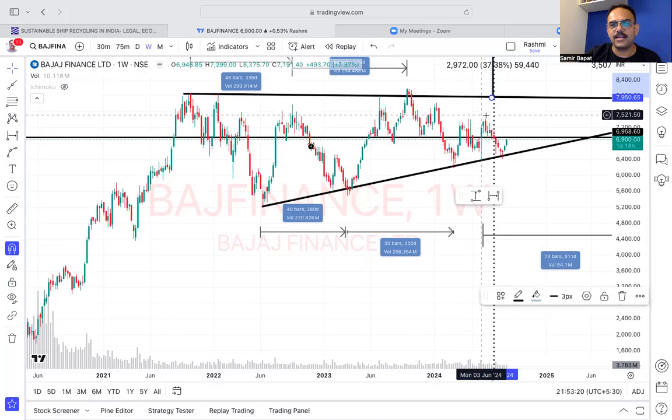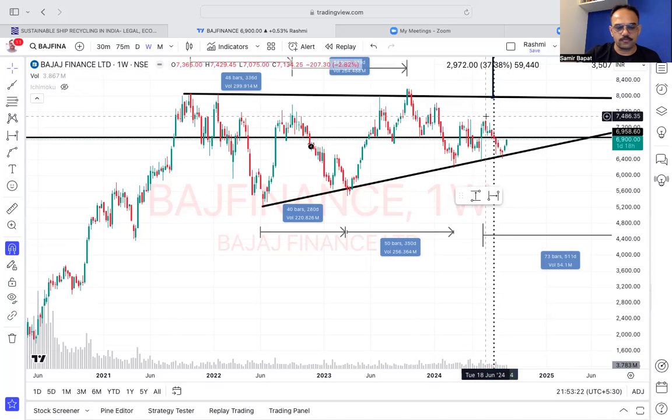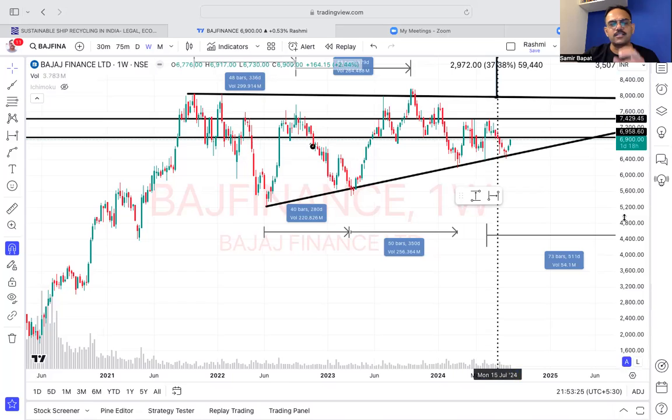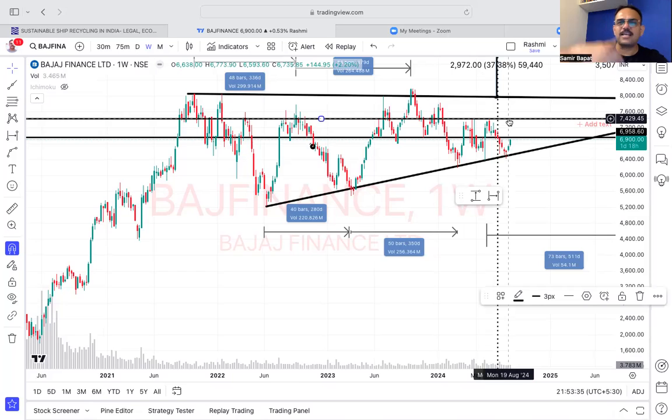Once it crosses 7450 on a weekly basis, on any Friday, then also a chance can be taken, saying okay, maybe it will go up. So with limited risk, once it crosses above, you can take that.